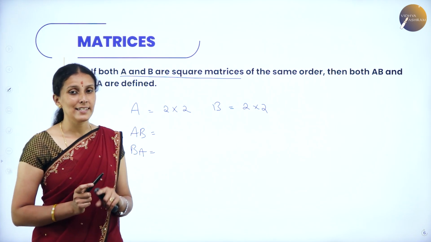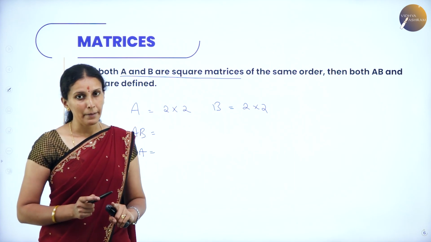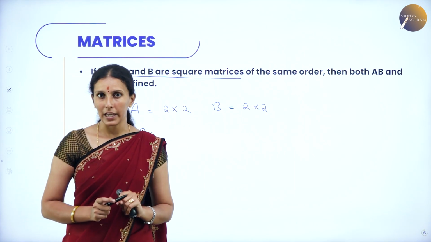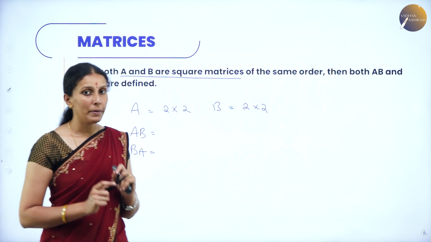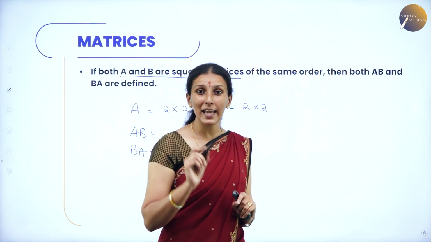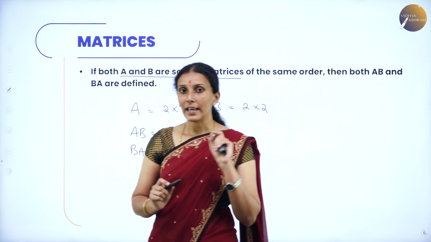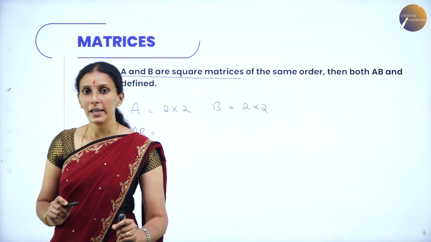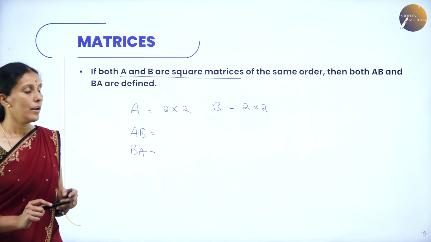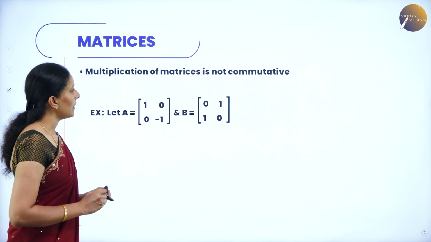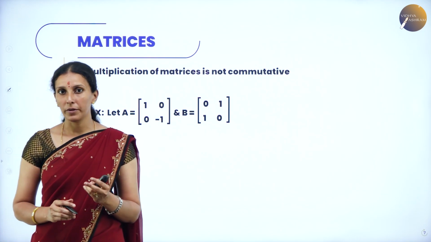Hence in those cases you can define product AB as well as product BA. Hence whenever A and B are square matrices of the same order, the product AB can be defined and BA can also be defined.